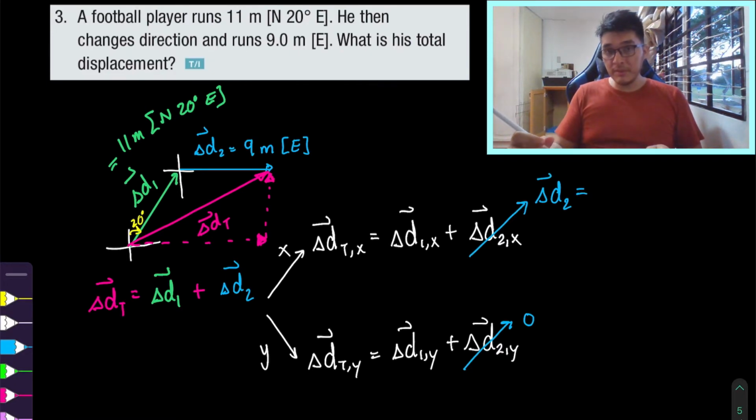And because it points east, and east you're going to take as a positive direction, you could write this as 9 meters. So our unknowns at the moment are just delta d1x and delta d1y. To find those, we're going to have to break down the first displacement into its components.